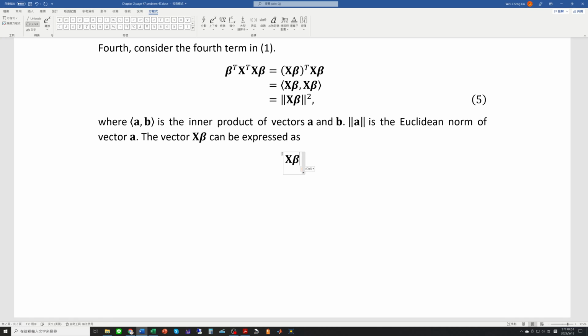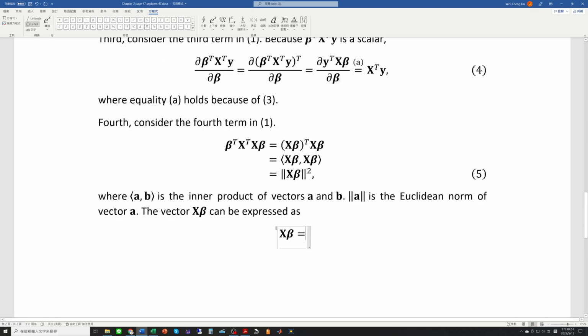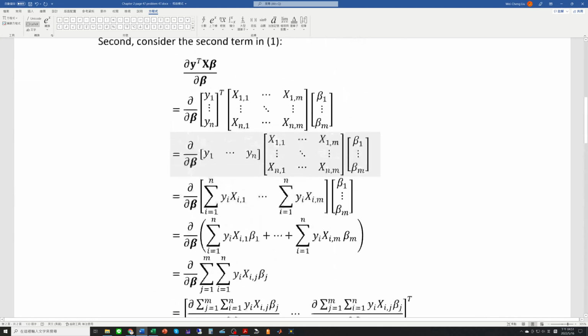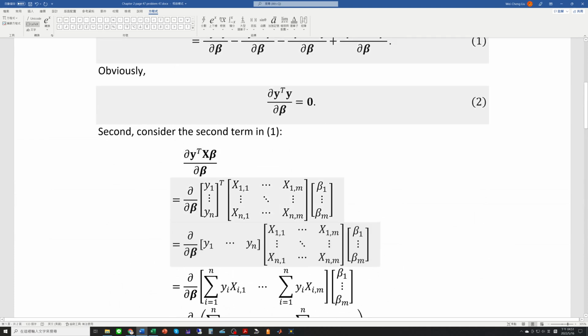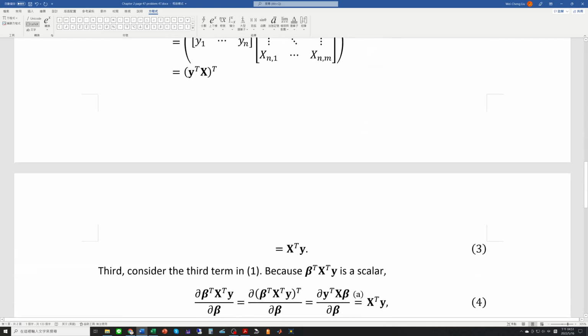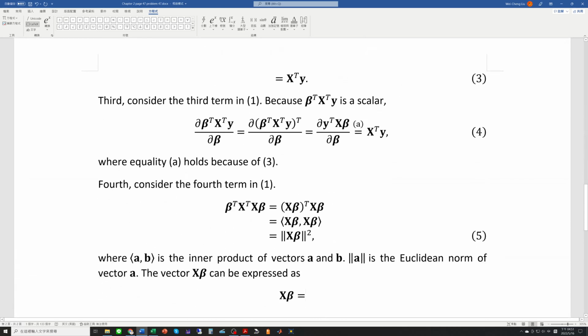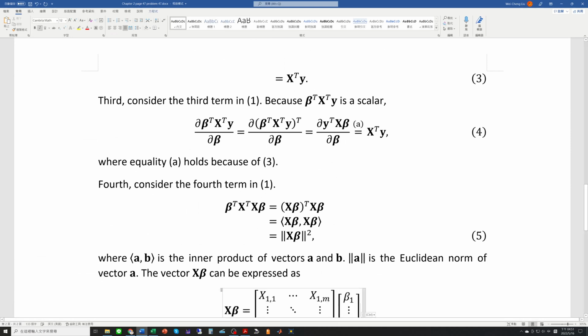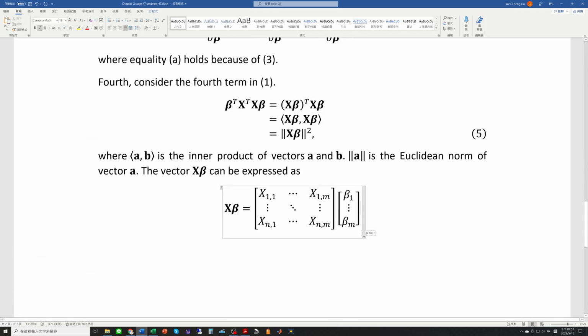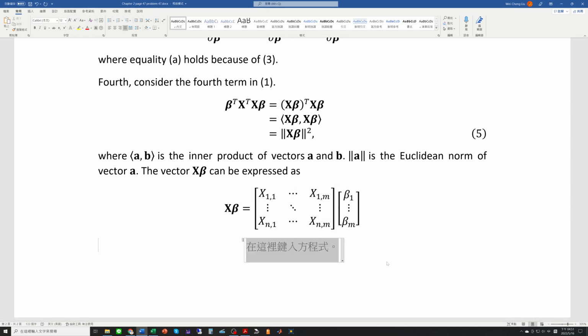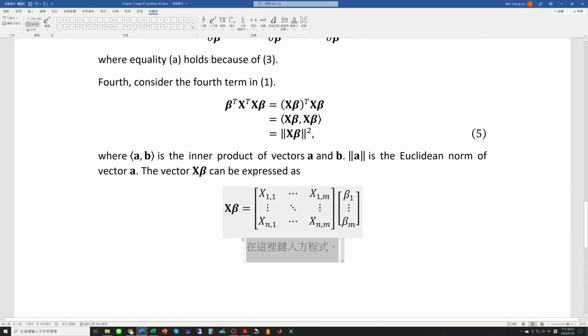X beta is equal to, we only need to copy the matrix. Good, we can copy this and paste here. So then we multiply this matrix and this vector together.